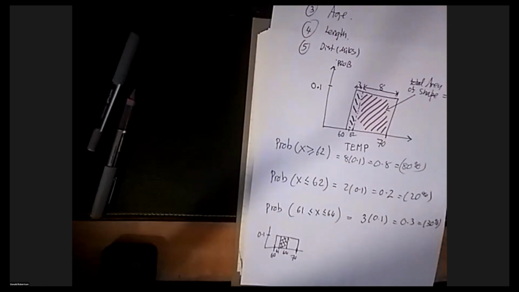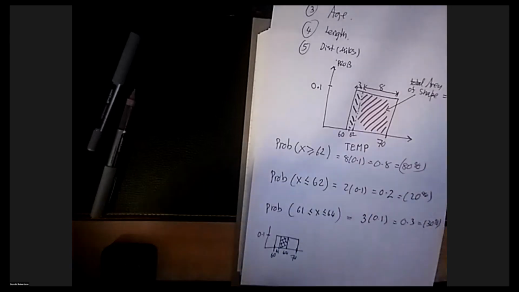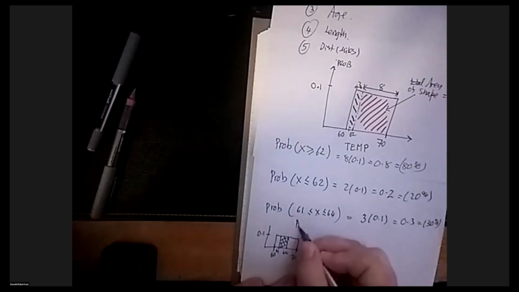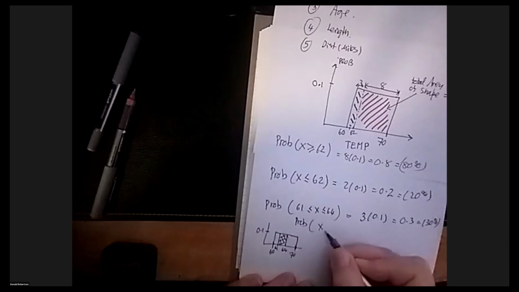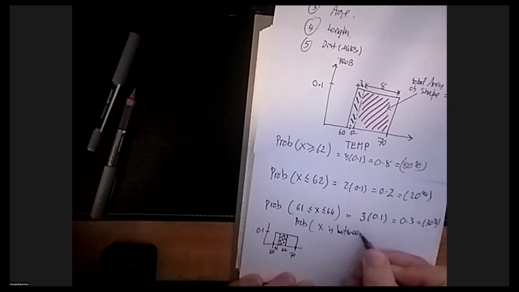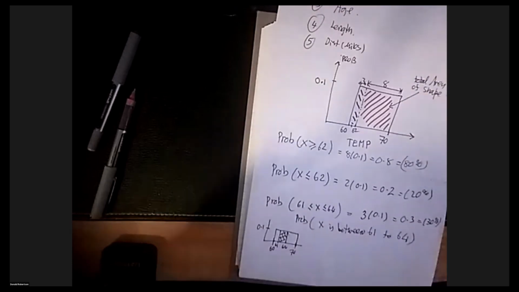Hello, sir. Yes, question. Sorry, I have a question. So the probability of X between 61 and 64, how do you read that one? This is how I would read it out loud. It's the probability that X, whatever X is, in this case my story is the temperature, is between 61 and 64. So why is it 3?